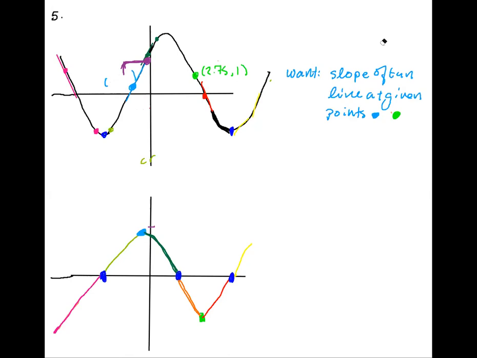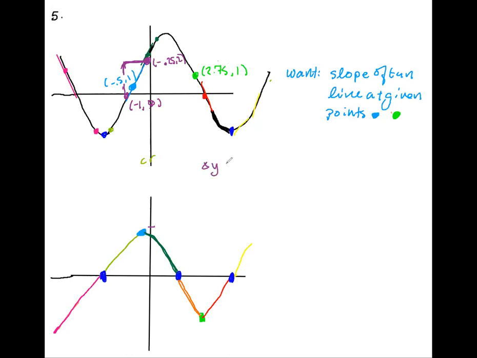This might be closer to negative 0.51. And then this, we're going to call negative 1, 0. And then this point we can pick to be, we'll call this negative 0.25, 0.252, maybe.